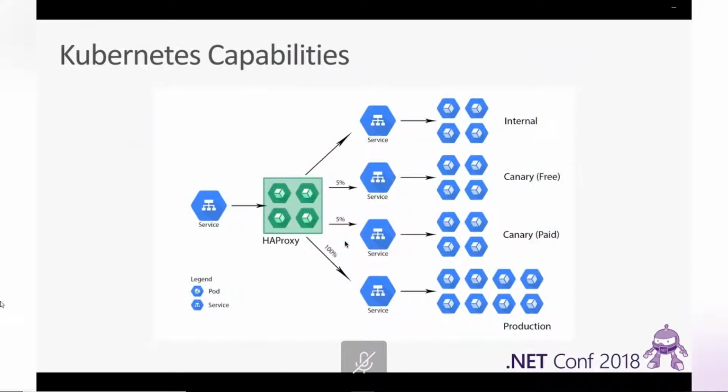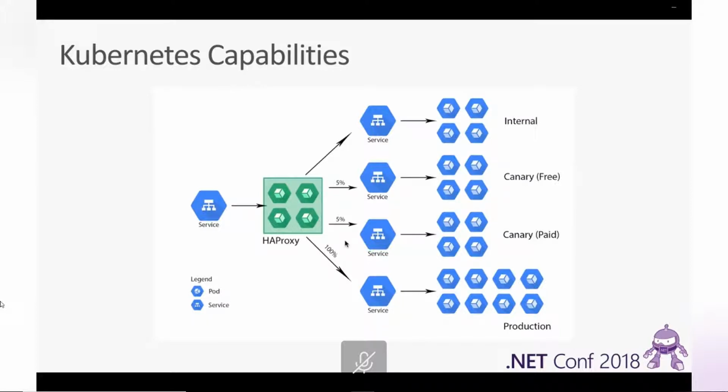Now, Kubernetes capabilities, and this is really the powerful thing about Kubernetes, because you can implement something like this, as you're seeing on my screen, where you can have a service exposed to the public, and you can work internally on how to promote changes.